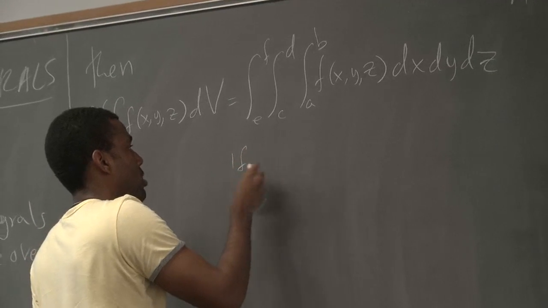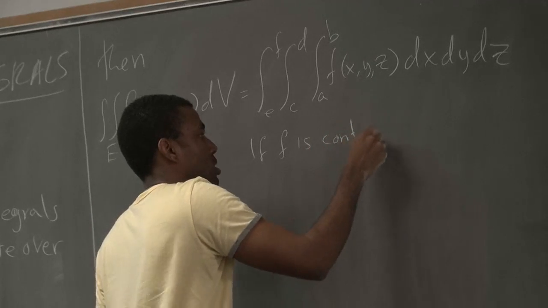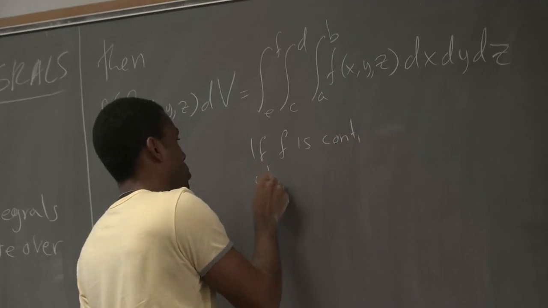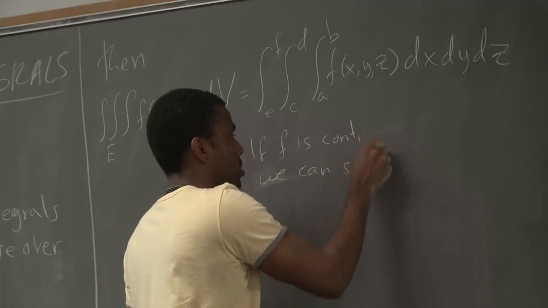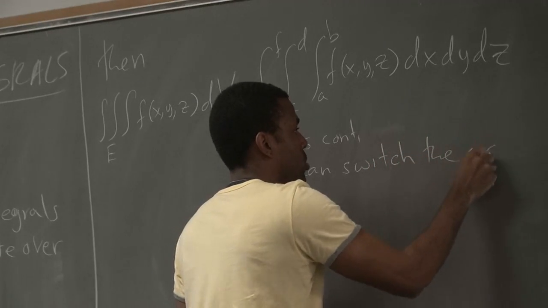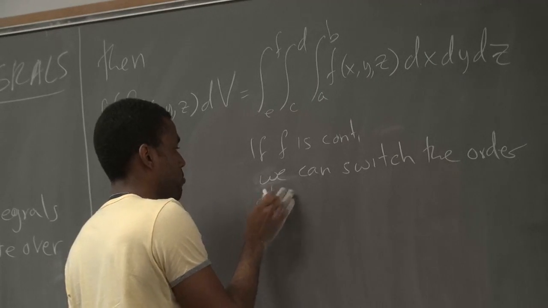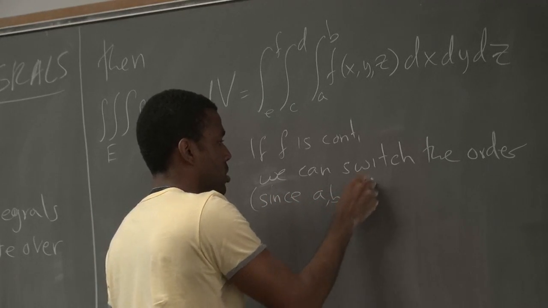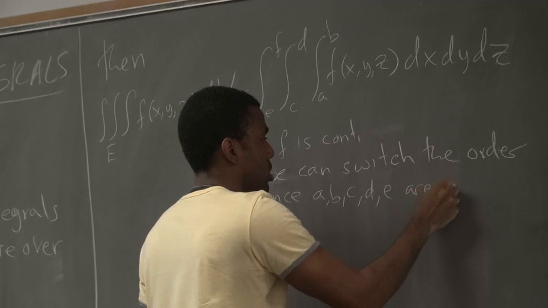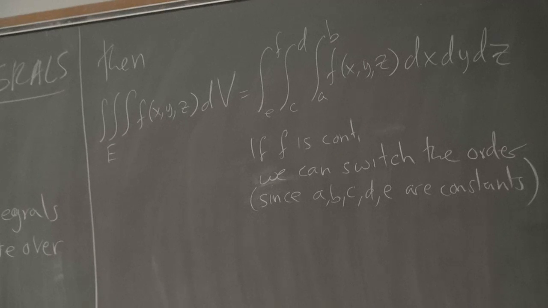And if f is continuous, then just like back in 12.1, if you had constants on your integrals, you could just switch the integrals and switch the order of integration, no problem.